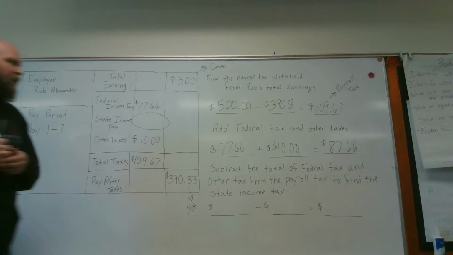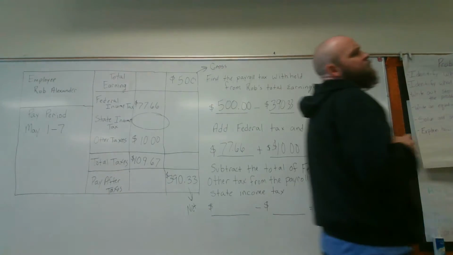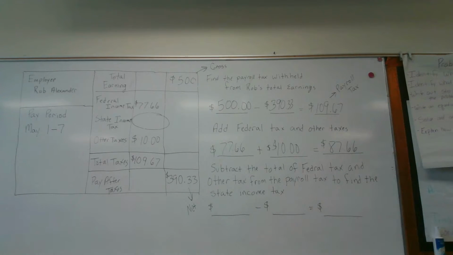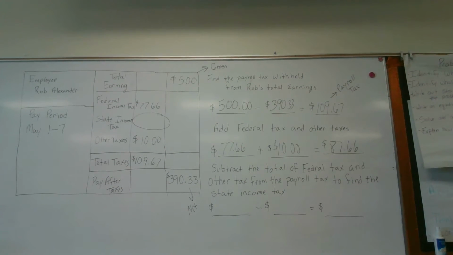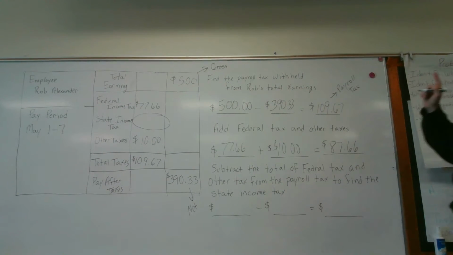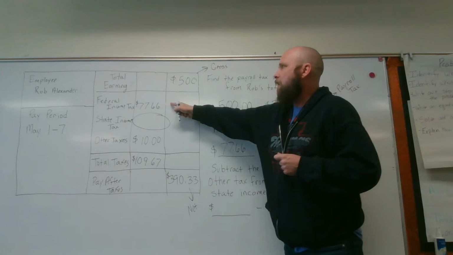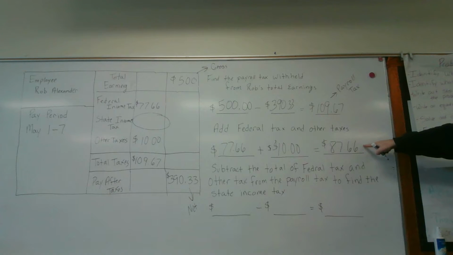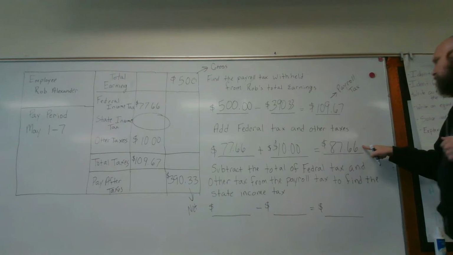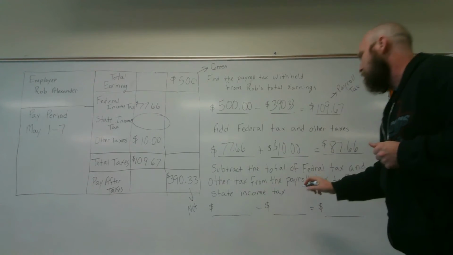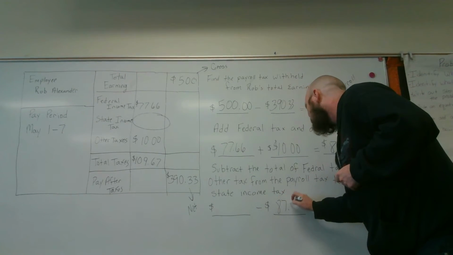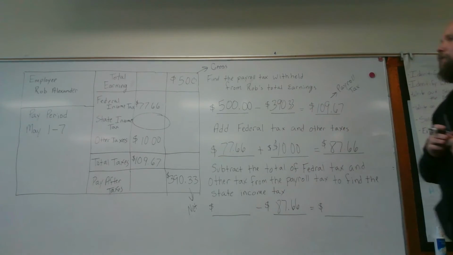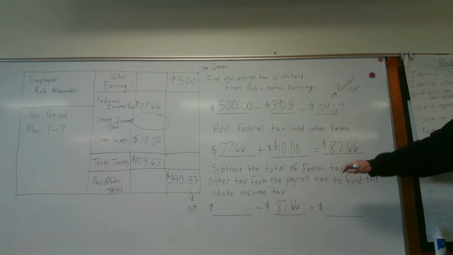As it says in the next step, subtract the total of the federal tax and other tax from the payroll tax. So we subtract the total of the federal tax and other tax, which is how much? $87.66. We subtract that from the total payroll tax.